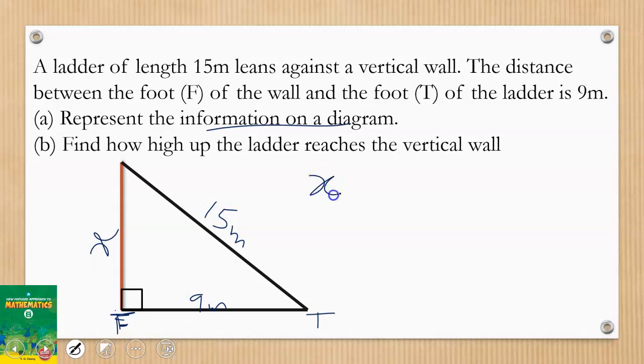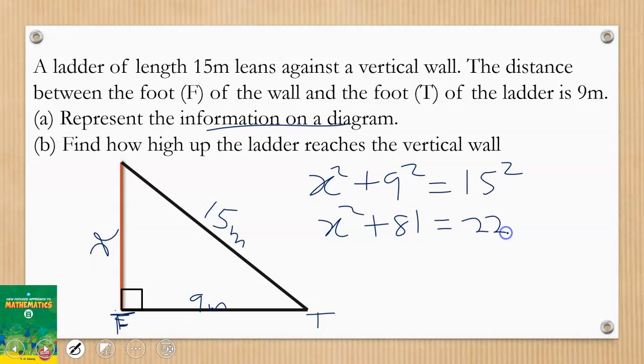So we know that X squared plus 9 squared should be equal to 15 squared. And so 9 squared is 81, and 15 squared is 225. Now X squared will be equal to 225 minus 81, which will just give us 144.